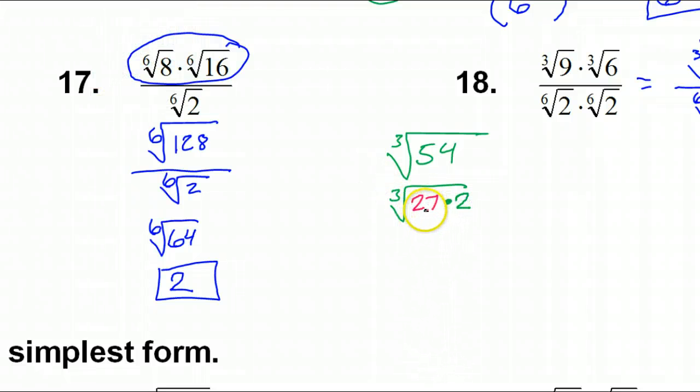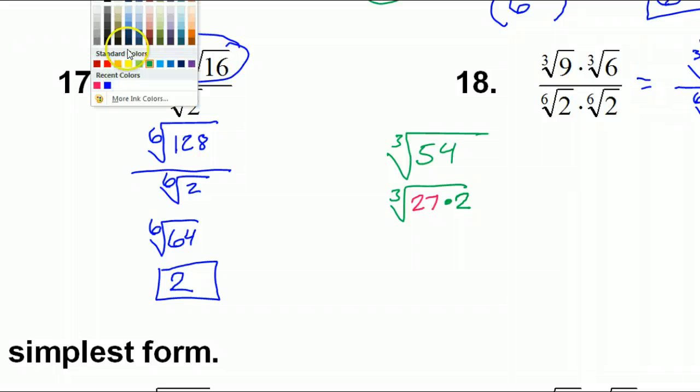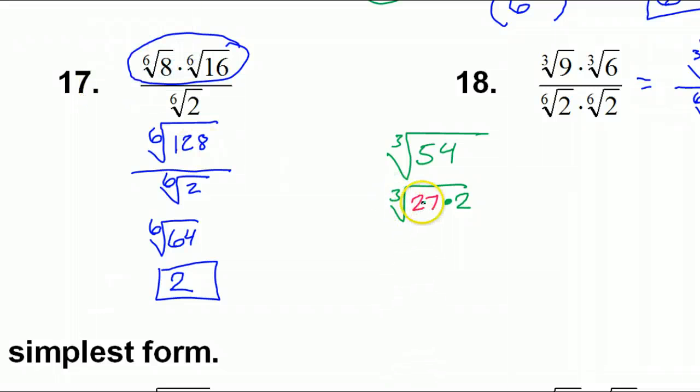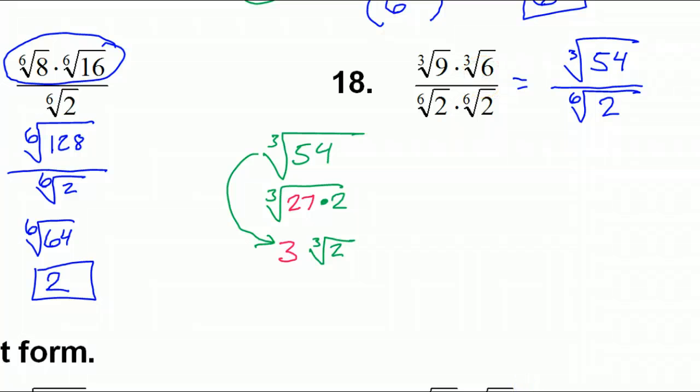Now this pink one can be reduced like we used to do. The cube root of 27 is 3, so I can simplify that and bring it out. So I could have 3 times the cube root of 2. And I got all that from the cube root of 54. So I could do that if I wanted to.